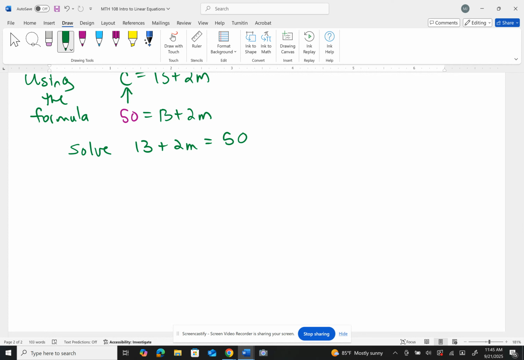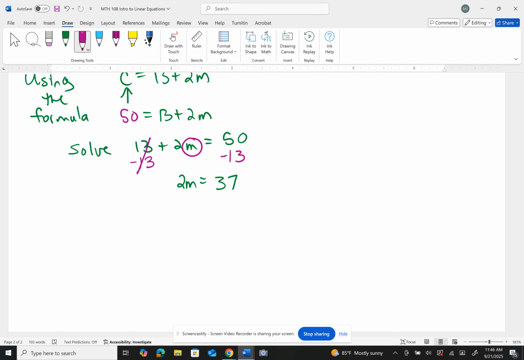So we already know what we did using our common sense, but notice once I teach you how to solve a linear equation, or review that if you've done it before, what you'll learn is that I could subtract 13 to get rid of the 13 over there, because I'm trying to get the m by itself, and that would be helpful. Notice that's the first thing we thought about doing a second ago, and that gets us to 2m equaling 37.